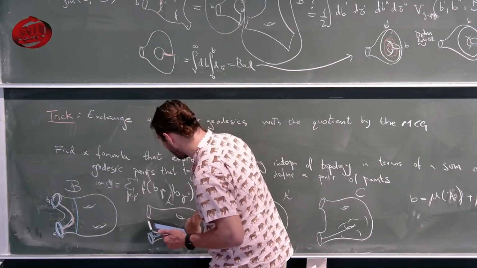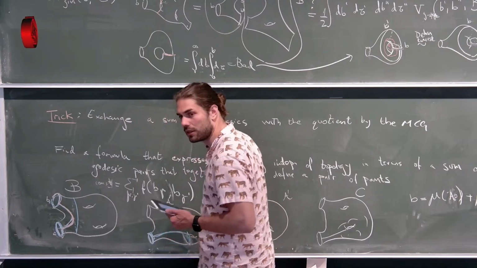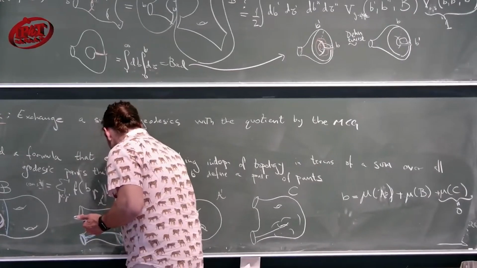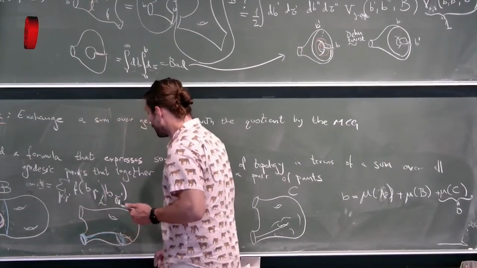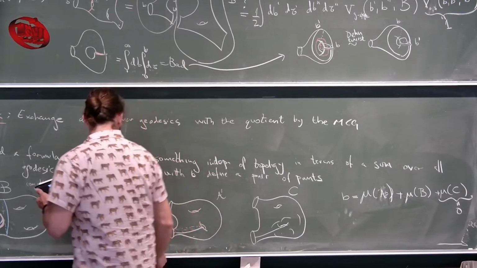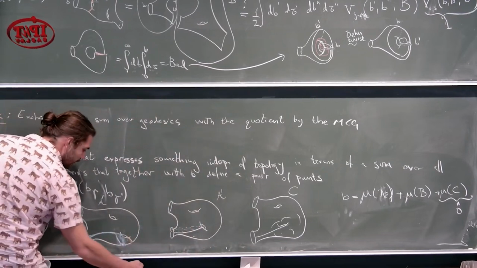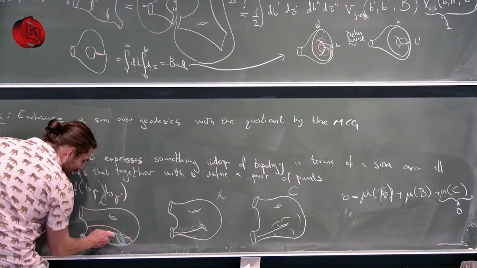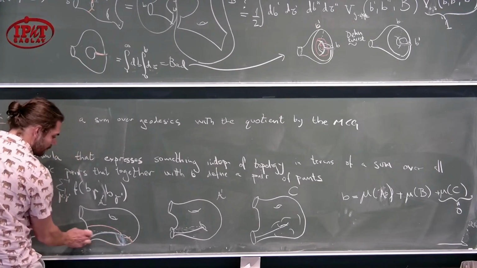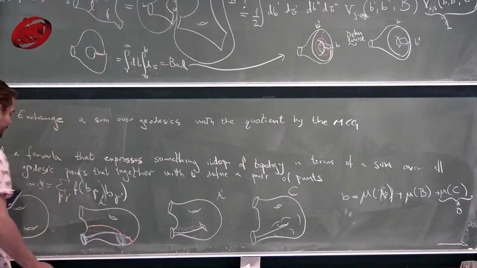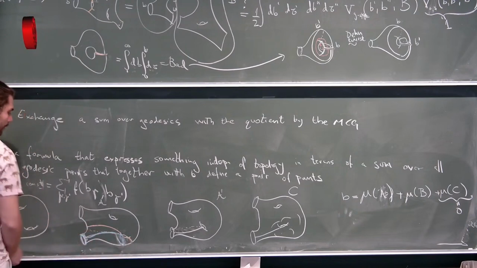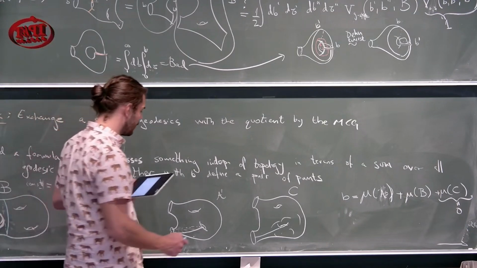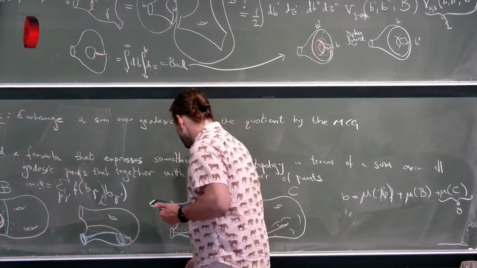So starting from the intersection point and going back to the intersection point, that defines a homotopy class, and a geodesic that looks like this. So these three geodesics define a pair of pants that's unique, associated to each geodesic that's sent perpendicular to the boundary. Same here.